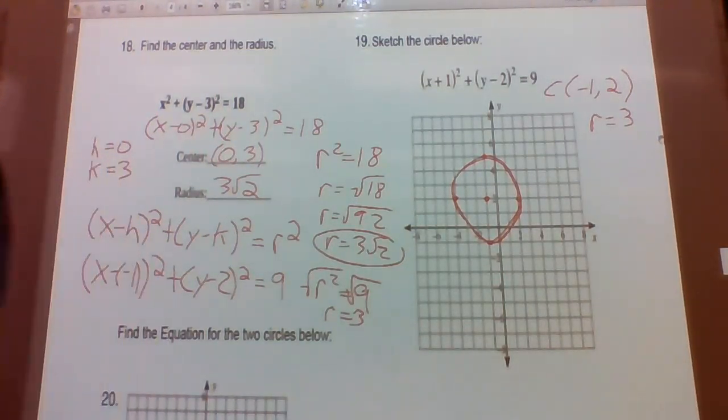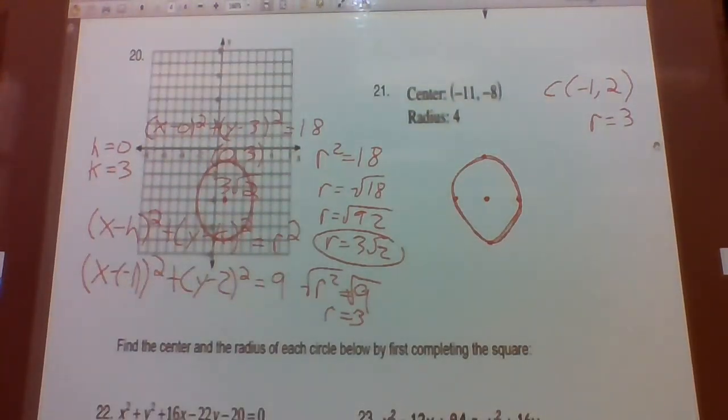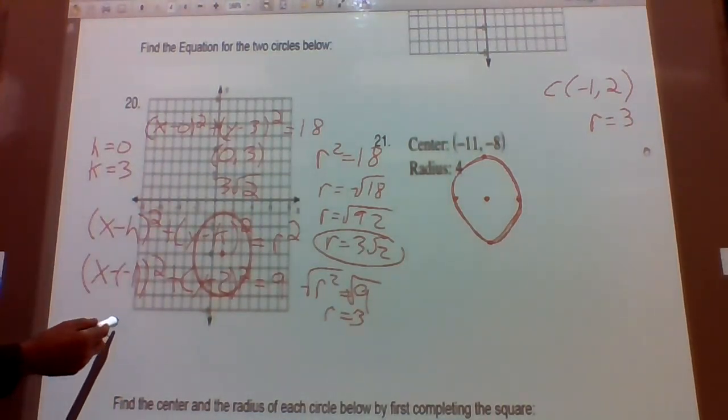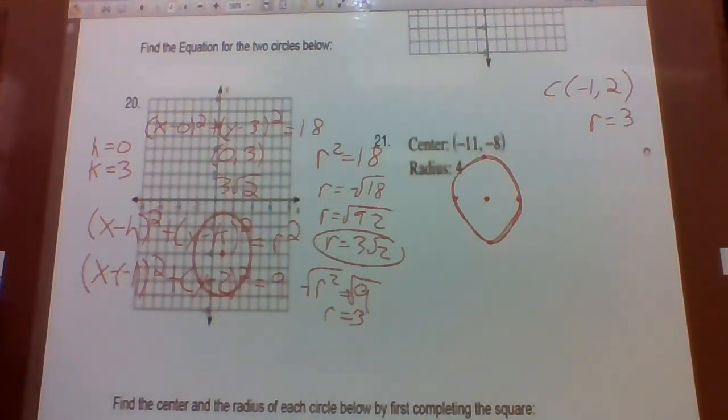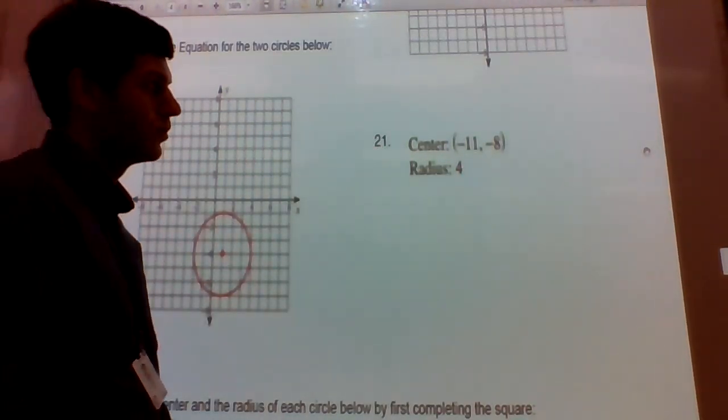20 and 21. I want to do 21 first, and then we'll do 20. So 21, we have center negative 11 and negative 8, and a radius of 4. So here's our equation.